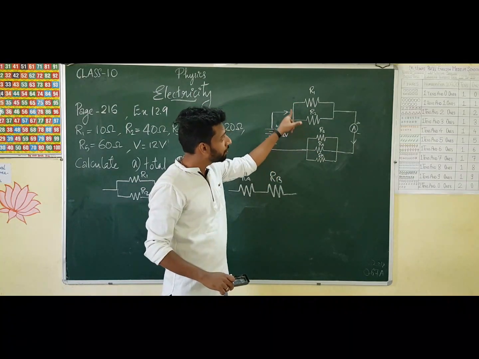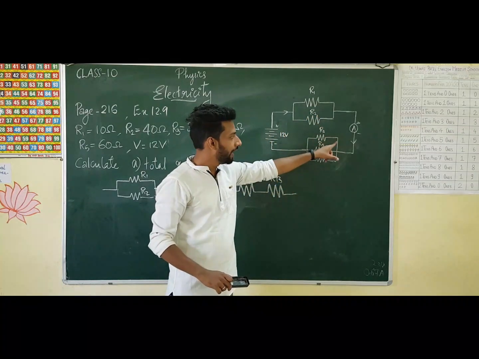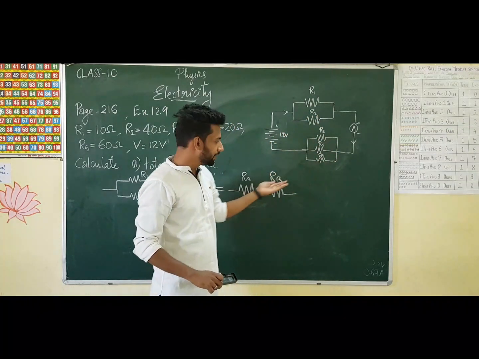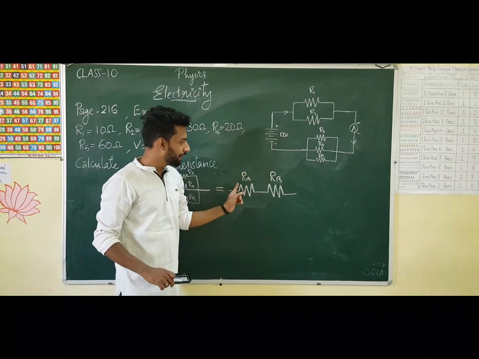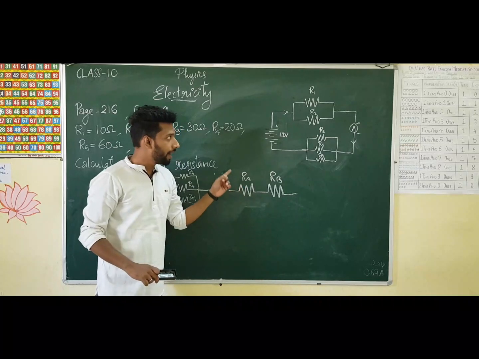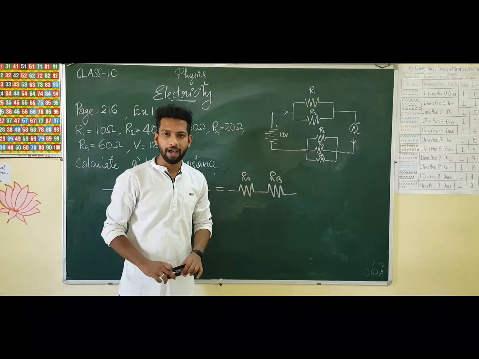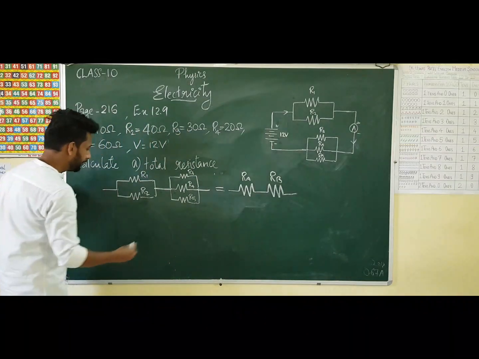The equivalent resistance of R1 and R2 is in series with the equivalent resistance of R3, R4 and R5. That is replaced by Ra and Rb. Here you can see Ra in series with Rb. Now we can find Ra.